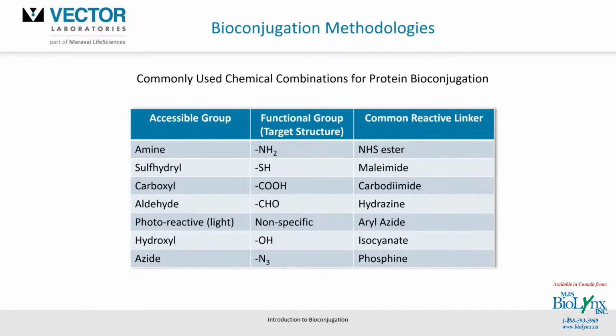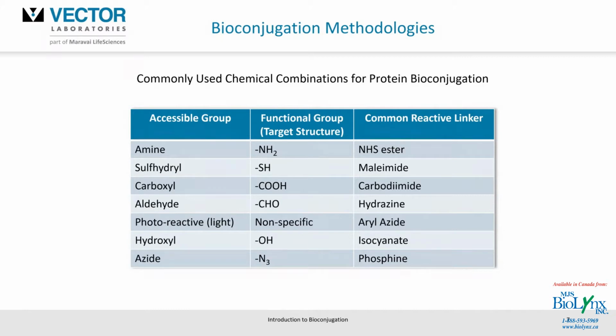Some of these other groups, sulfhydryl groups, aren't freely available on an antibody, and so the antibody itself would have to be modified, usually through a reducing agent, to cleave the antibody to make these sulfhydryl groups available for subsequent reactivity with the maleimide group.